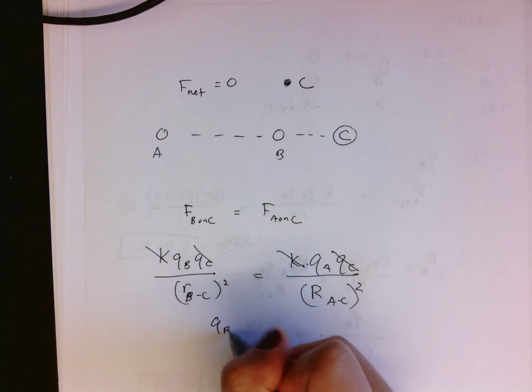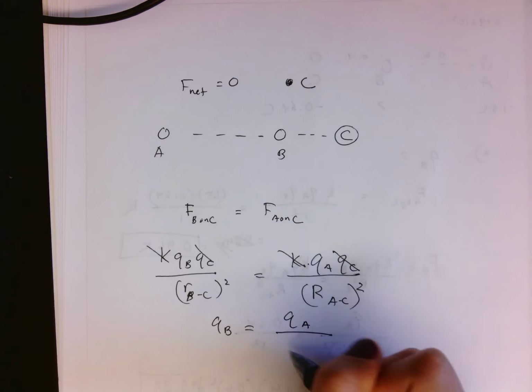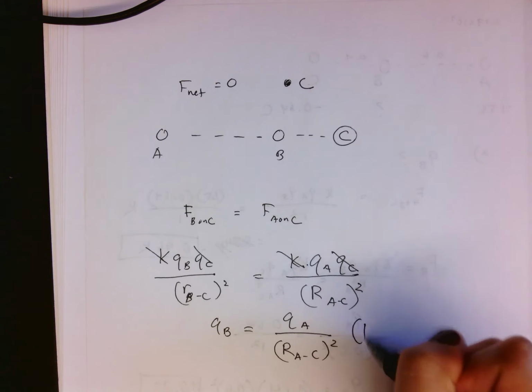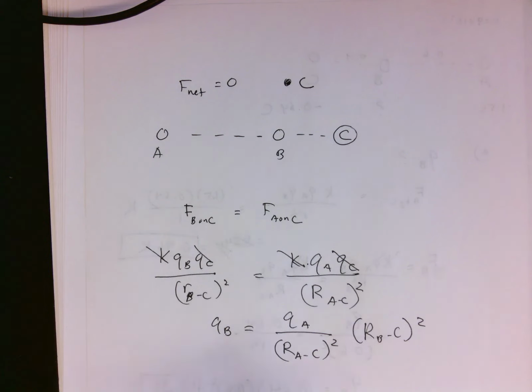So QB is equal to QA over R A to C squared times R B to C squared. So now we just plug in numbers. We know the value of QA is equal to 1.5. We also know that the distance between A and C is 1, so we just ignore it because it's 1.